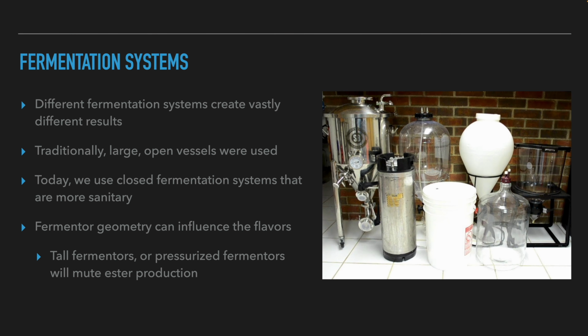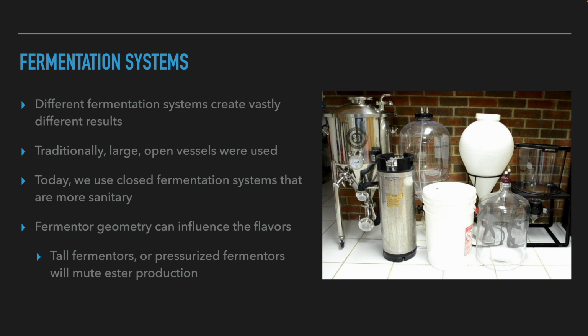It turns out that the fermentation system, meaning the fermenters, also affect the fermentation. Traditionally, large and open pools were used to ferment, whereas today we use closed systems that can be cleaned and sanitized. But it is important to note that the shape and geometry of the tank can also affect the outcome of the fermentation. As a rule of thumb, the higher the pressure on the yeast, the fewer esters they will produce.